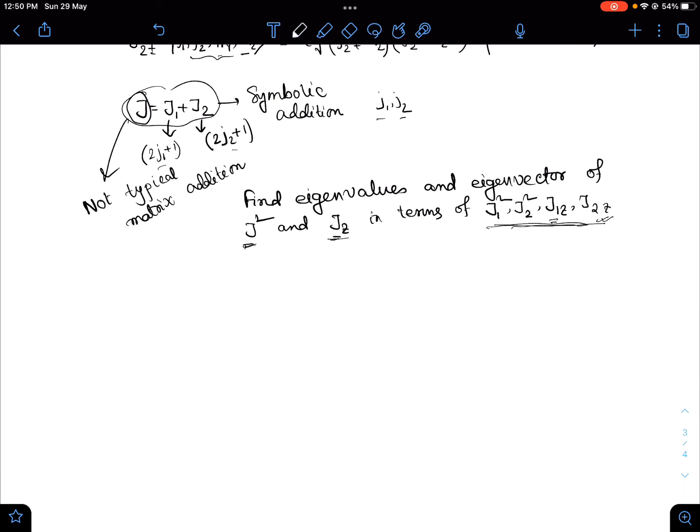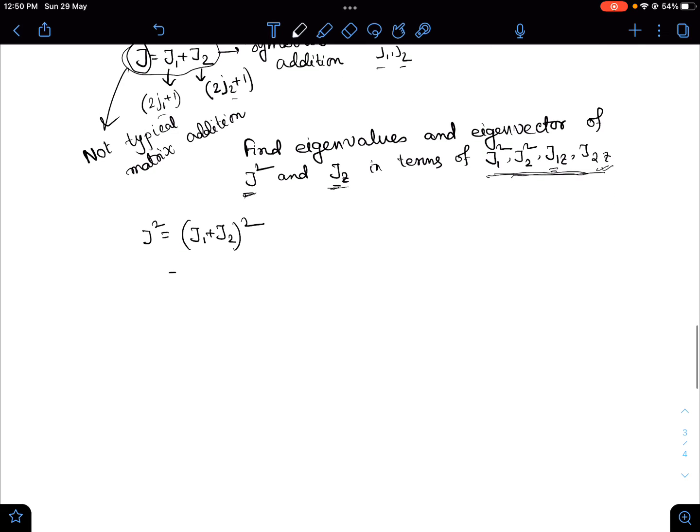So let us find the commutation properties of J square and Jz. We know that J square can be written as (J1 + J2) squared.